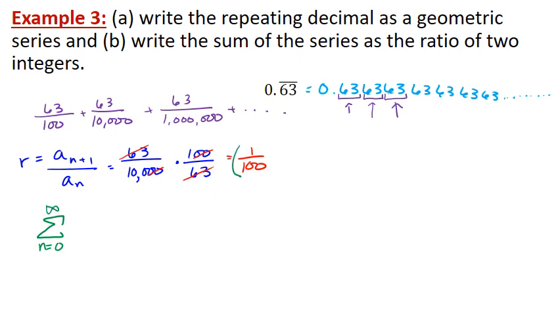And if I just have 1 over 100 to the power of n, if I plug 0 in here, I get 1. So if I just have 1, that doesn't give me my first term. I need to figure out how I get this 63 somehow. To get this first term, I need 63 over 100. And then I'm going to multiply by 1 over 100 to the power of n.